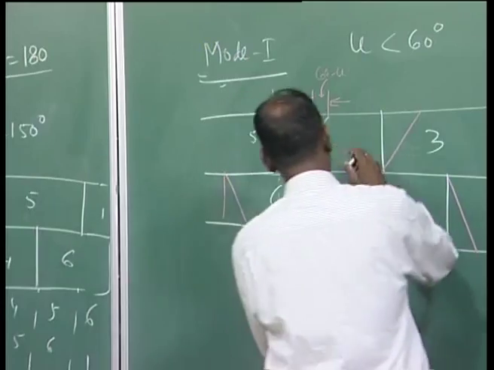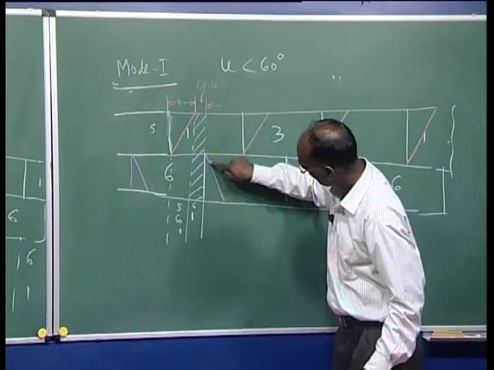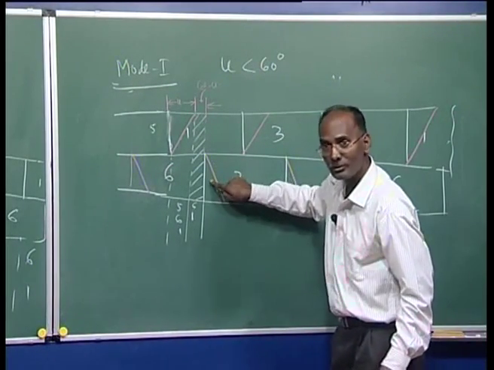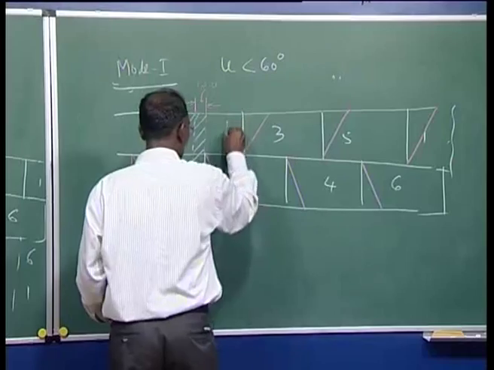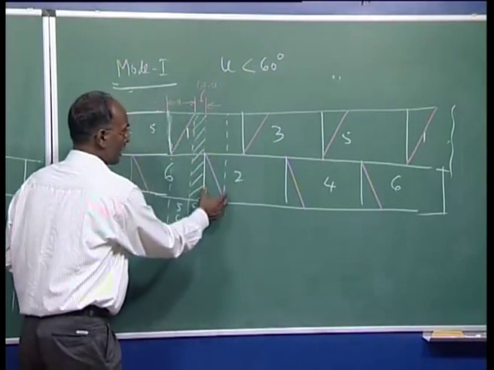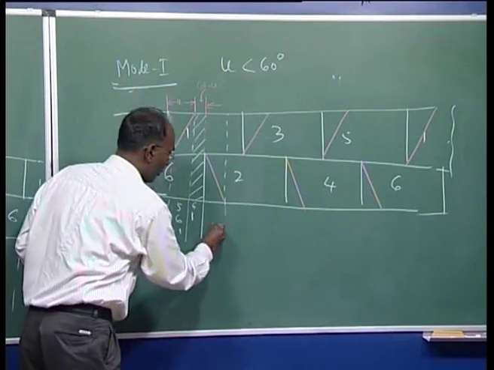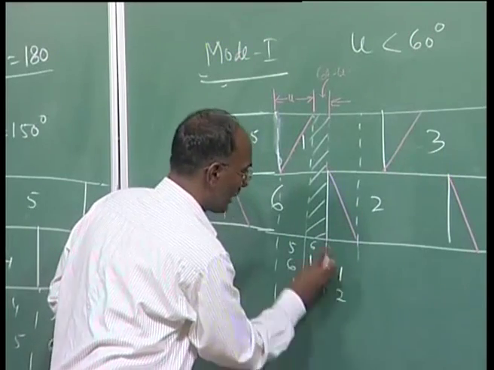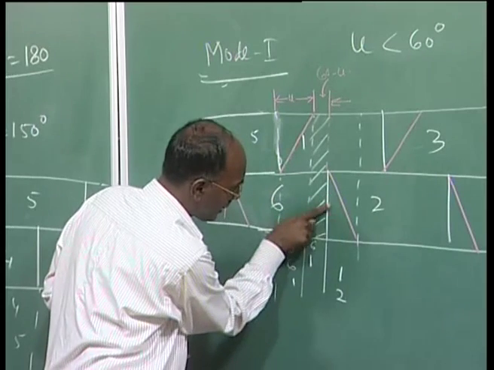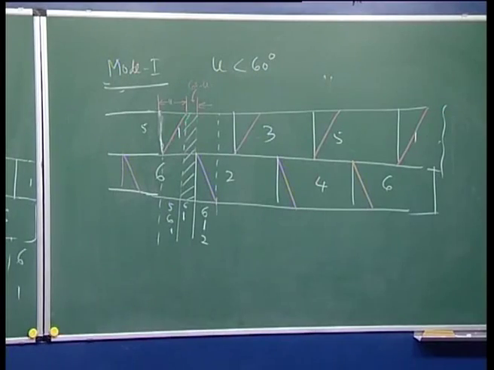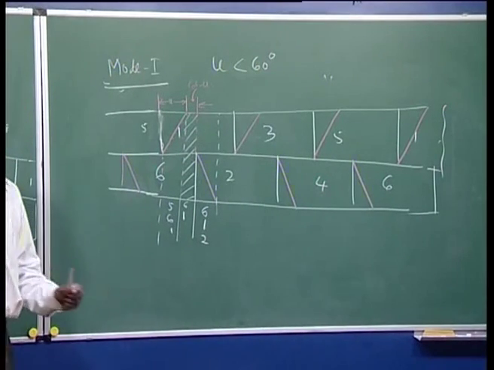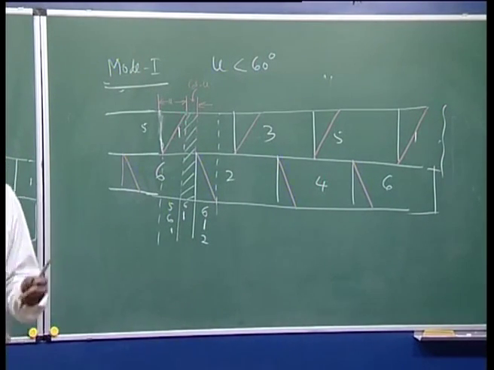Now, in this case, 1, 2 and 6, because 2 is also conducting in this period up to this portion. In this period, 1, 2 and 6 are all conducting, because I shifted here. So it is 6 1 2. This is also a symmetric conduction; it is not abrupt.